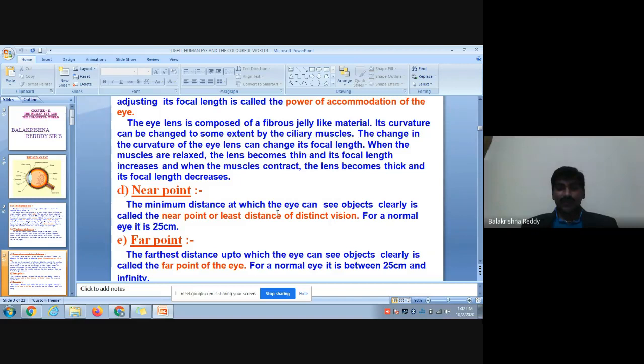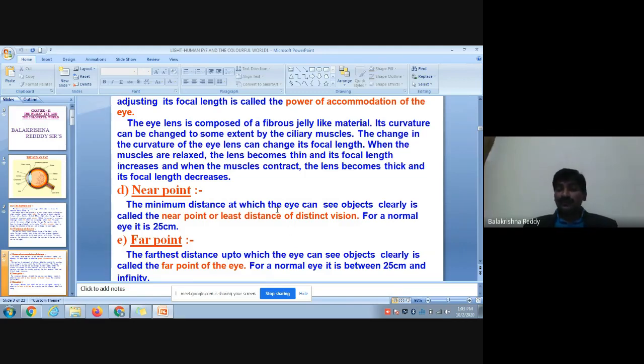While you're following every explanation, if you keep the video very near to your eye, you cannot see very clearly. But if you keep it at a comfortable distance, like 25 centimeters, then you can see very comfortably. Beyond 25 centimeters, if you keep your screen, it's very difficult to see. Though you can see, your eye will get pain within a short interval of time, right?